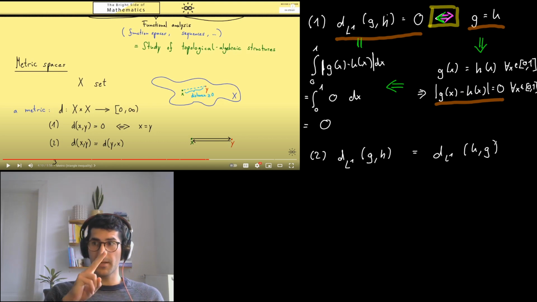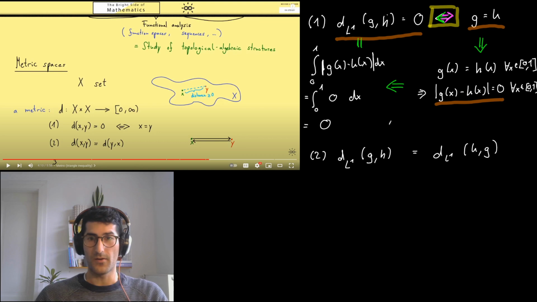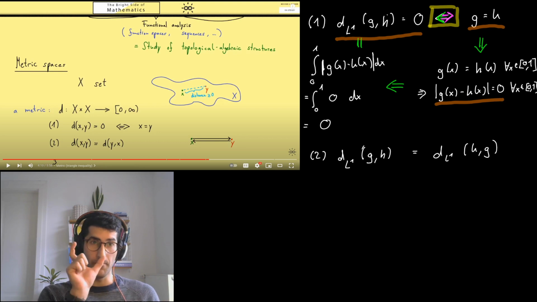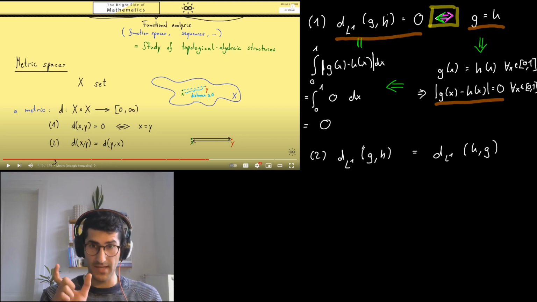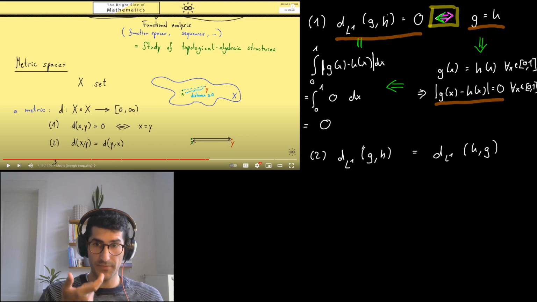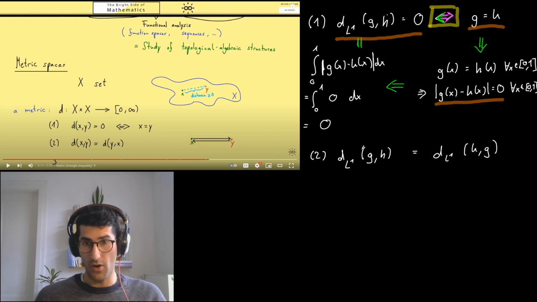So symmetry means you can swap the entries or the arguments of your metric. Recall the metric was defined on a Cartesian product. That means you plug in one value and another value from the same set, and you can swap them and get the same result, which is intuitively clear if you want to have a meaningful notion of distance.